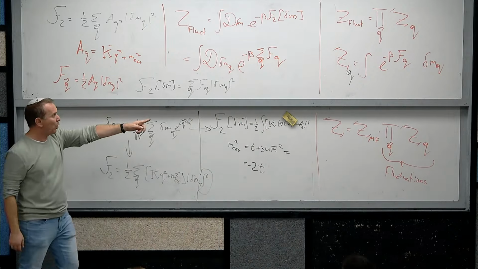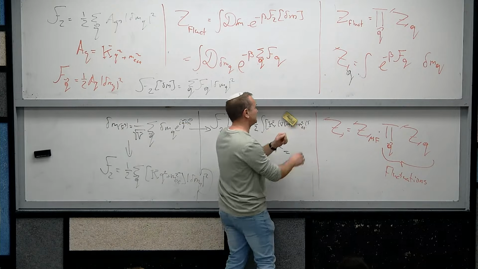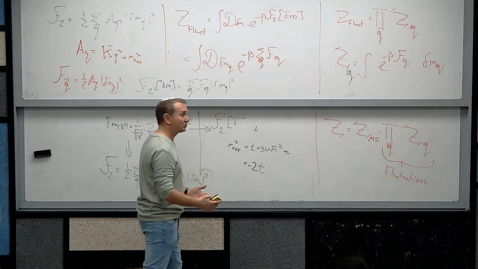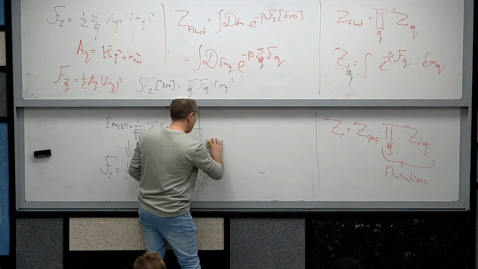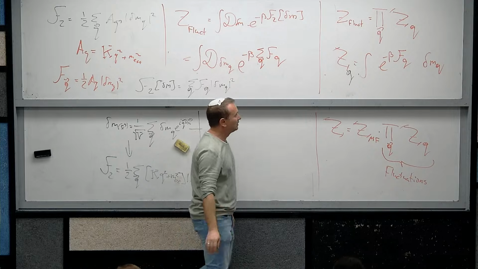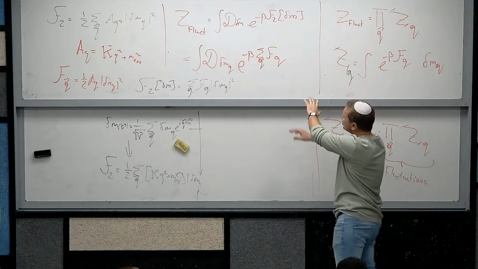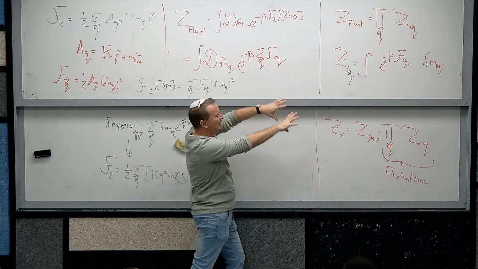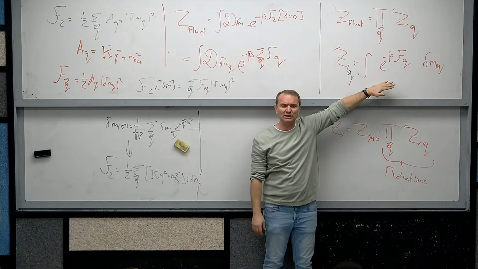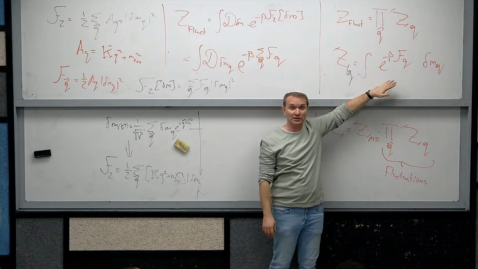What is ZQ and how do we treat it? A Gaussian, great. But beforehand, we need to understand a little bit what this is. All of the functional integration is eventually a single integral, over delta MQ.